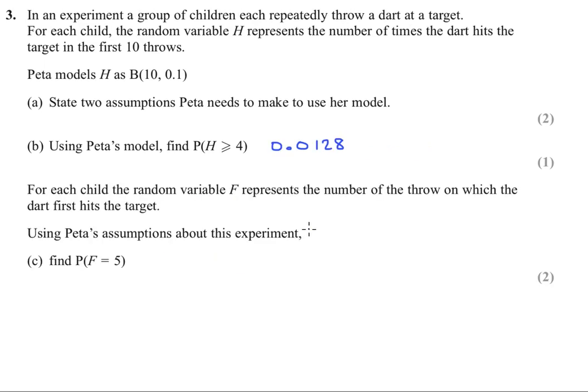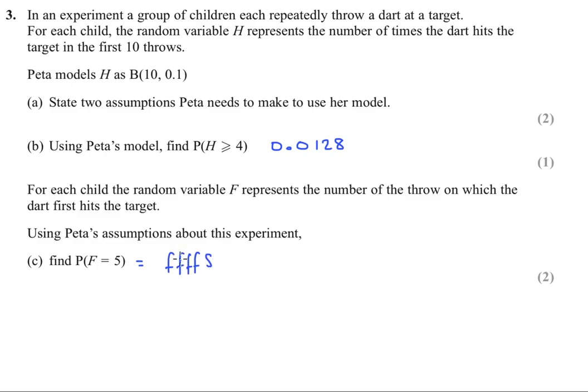Okay, part C is a little bit strange, quite unusual on the new course. It says that F represents the number of the throw on which the child hits the dartboard for the first time. So this means what's the probability that the child hits the dartboard successfully for the first time on the 5th throw, which means if it's the first time they've hit the dartboard, they must have failed 4 times in a row and then been successful.